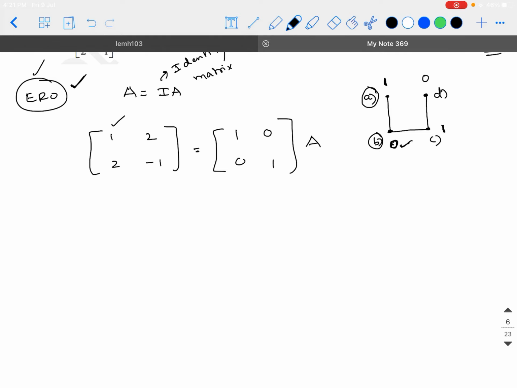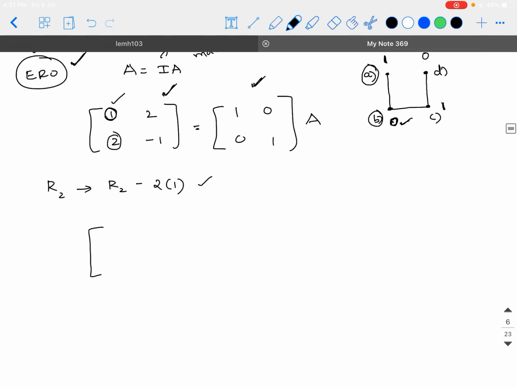For that, I will take row 2 and write it as R2 minus 2 times R1, since the first number in the corresponding top row has the value 1 and I need 2 minus 2. This is the operation I'll apply to this matrix and this matrix simultaneously.